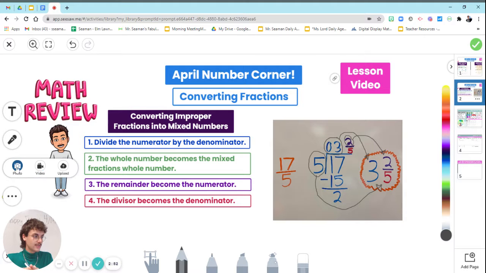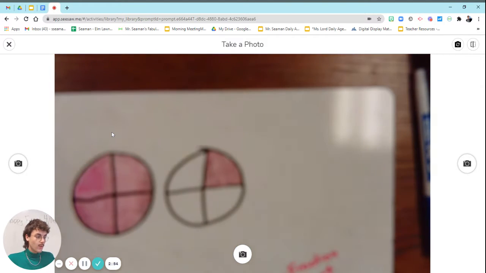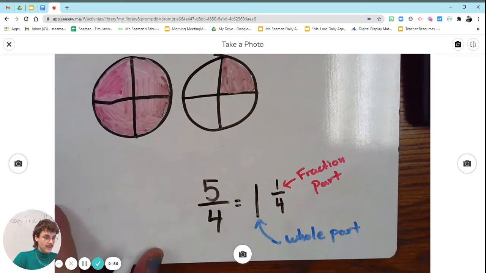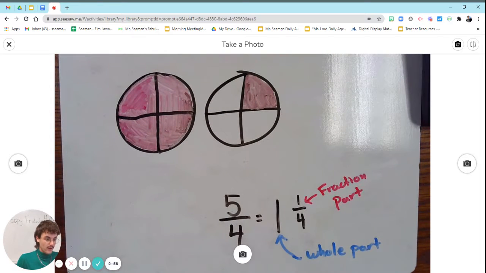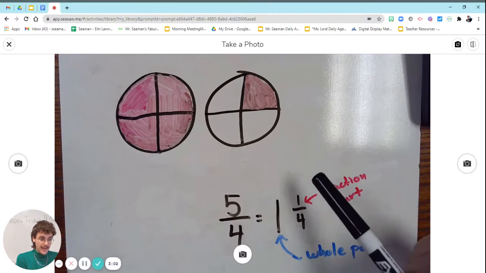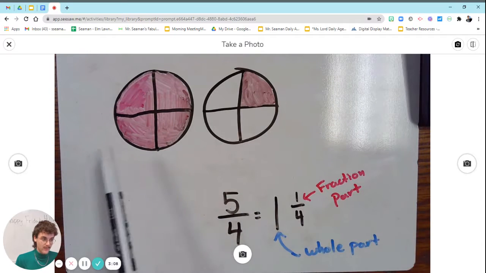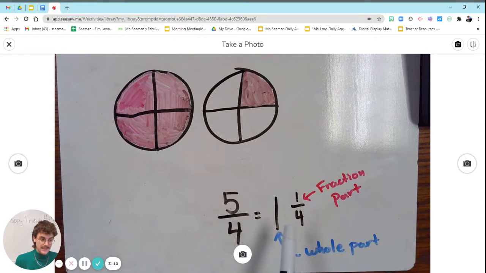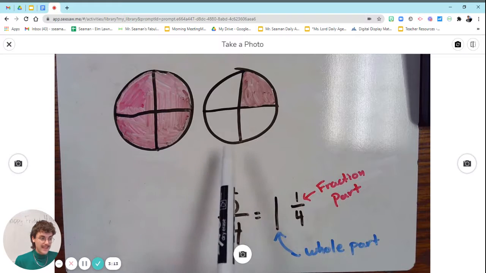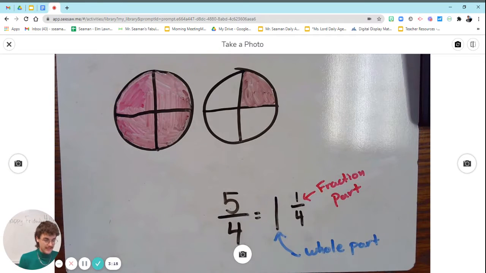If I show you an example, okay, we have 5/4. There is one whole. This is 1 whole here, and this is the part of our fraction. If you notice, 5/4, we can represent that with this, but we can also represent it like this. They have the same value, they just look different.